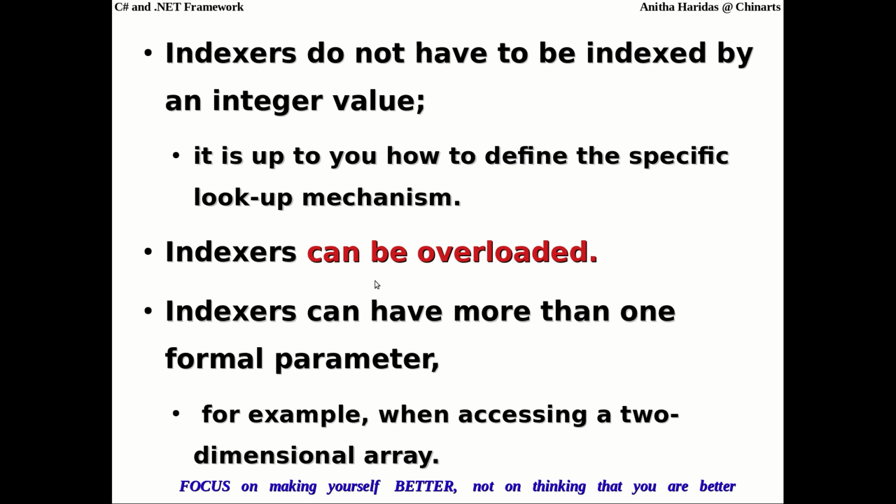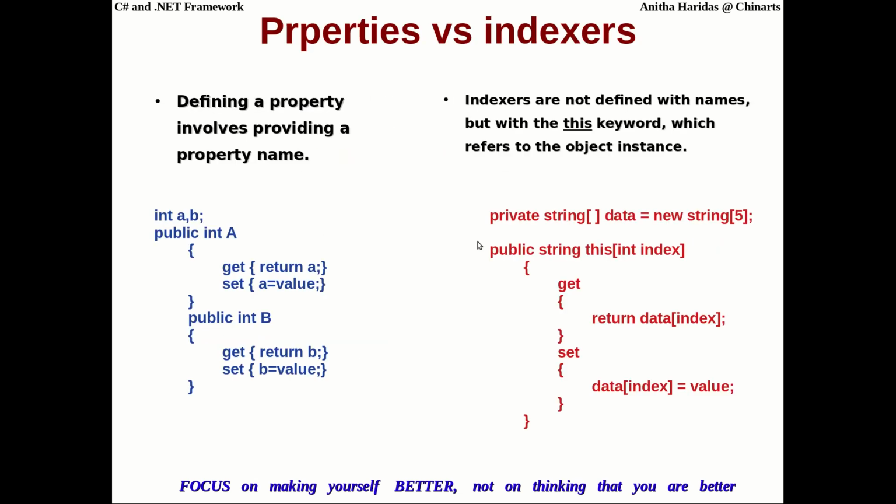And your indexes can also be overloaded. So when I say overloaded, I can define an indexer like this. The same can also be repeated, saying public string this int index comma and another index can also be specified there. You can have int index comma string index 1. Like that you can have more than one arguments also here in the this indexer.